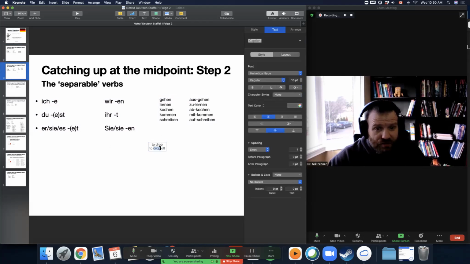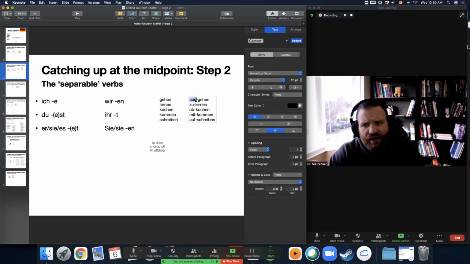But in German, instead of to drop off, we would say something like to off, drop. So the off would go before the verb. So gehen can become ausgehen, mitgehen, zugehen, aufgehen, abgehen.